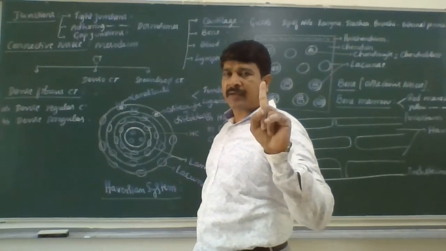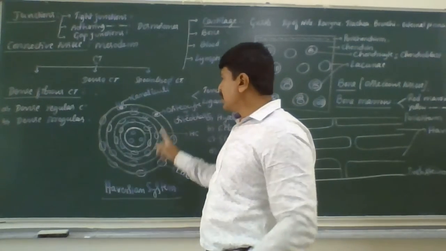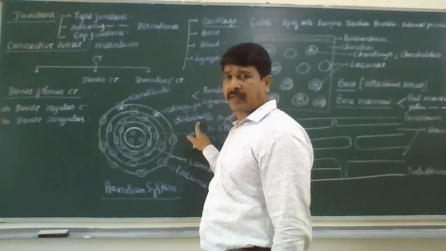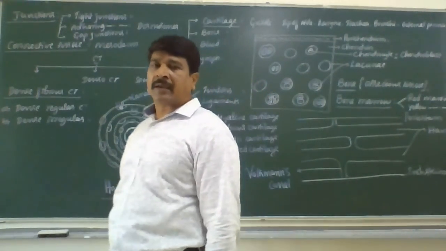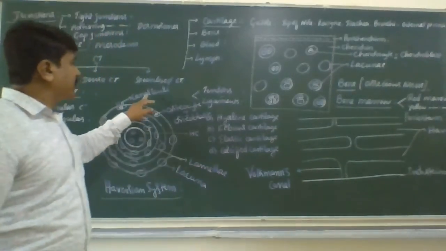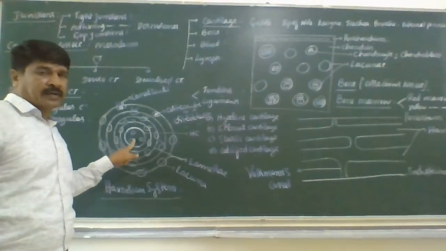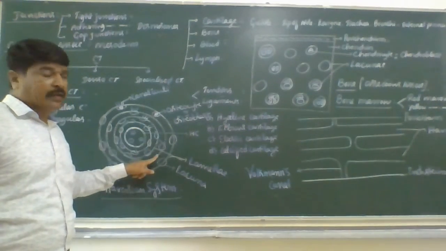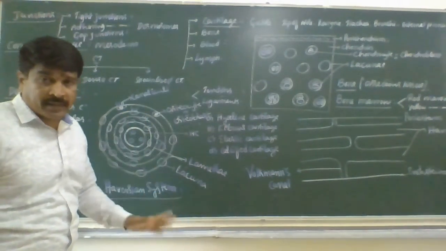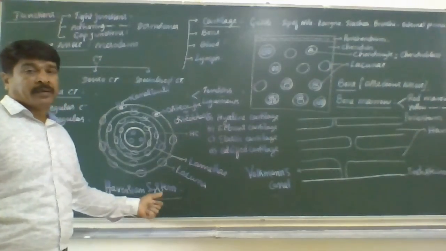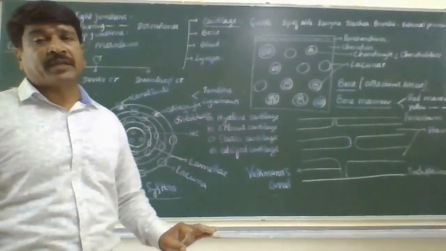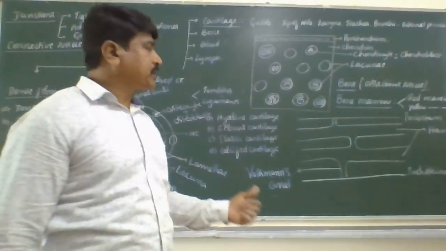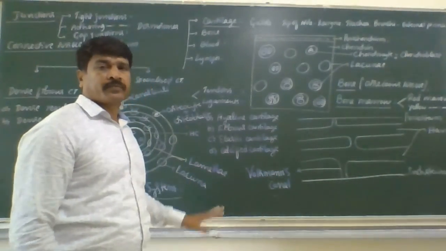Each lacuna contains a single bone cell called osteocyte, also called osteoblast. Lamellae are connected by fine protoplasmic structures called canaliculi. Haversian canal, lamellae, lacunae, canaliculi together are called the Haversian system. It is the structural and functional unit of the mammalian bone.